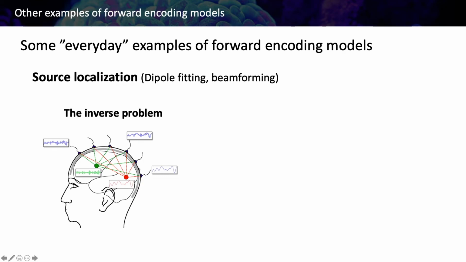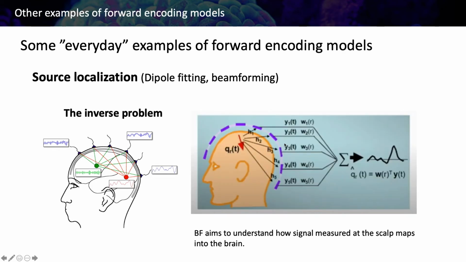So to do that, we need to formulate a forward encoding model, where we want to model and predict what the activity will be in each of these layers, considering different weights for each one of these features, and taking into account also the structural anatomy of the brain and the skull.